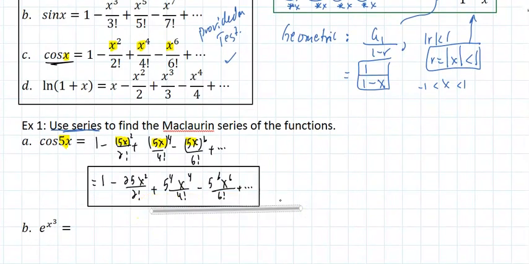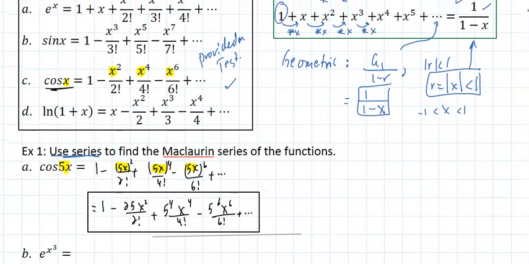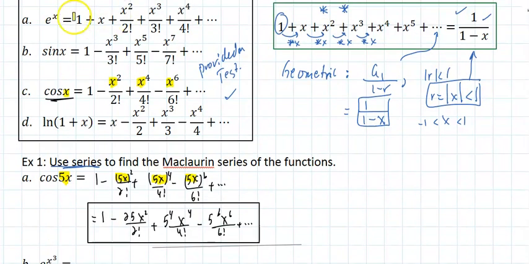E to the x cubed, if I look at the exponential, e is provided. And if I look at 1 plus, so that's the part I have to change. 1 plus x to the 1 over 1 factorial plus x squared.